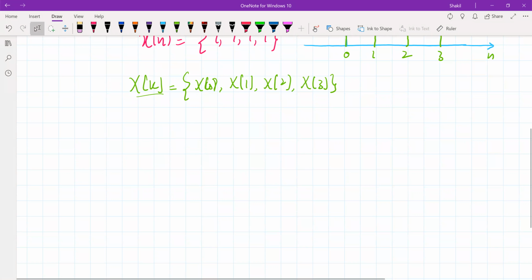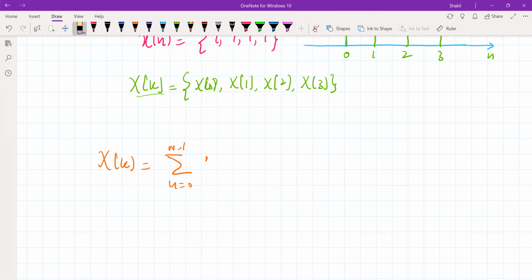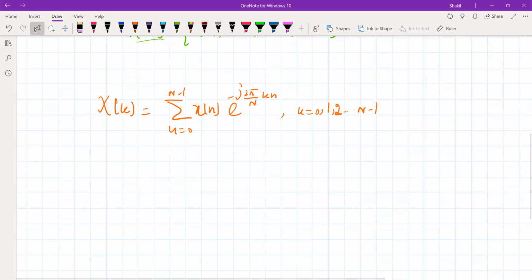Okay, let's start. So let's use the definition of this. x of k we know is given by summation n running from 0 to N minus 1, sorry, this is small x of n e to the power of minus j 2 pi by N kn.